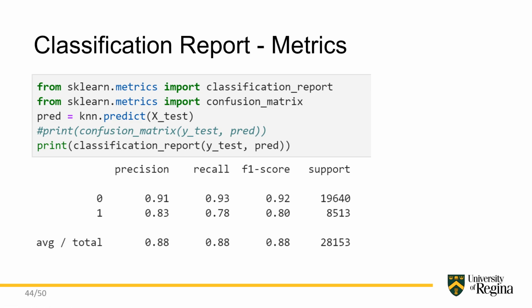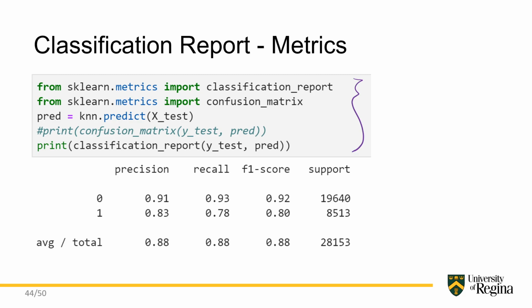If you search for precision recall on even Wikipedia, there's a very good article that covers the different types. One of the most interesting reports that you could get using scikit-learn is this classification report. If you take a look at what I've done here, it will make more sense to you.